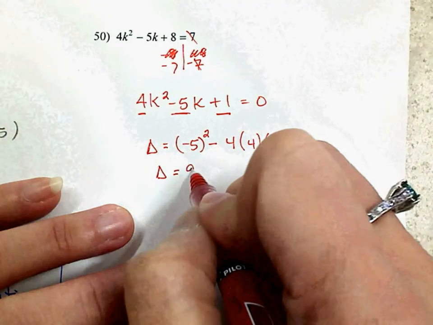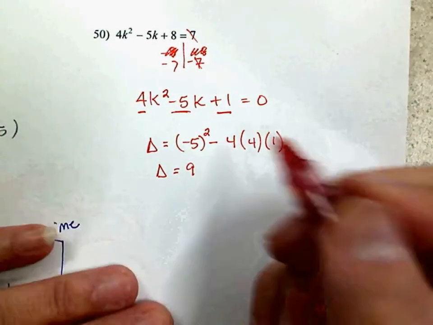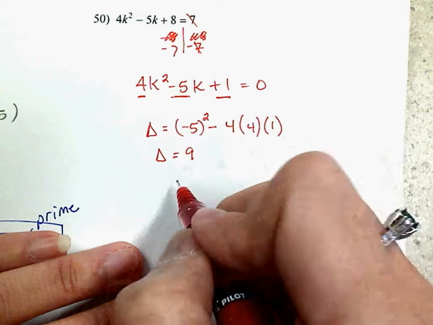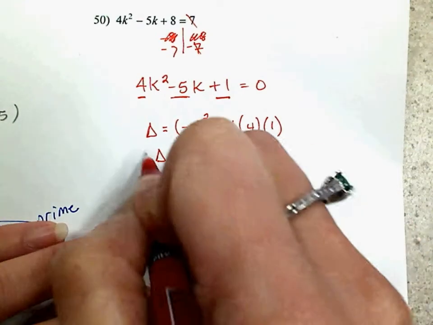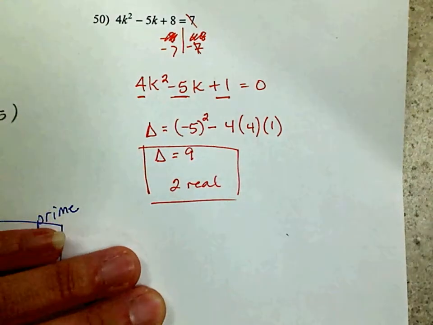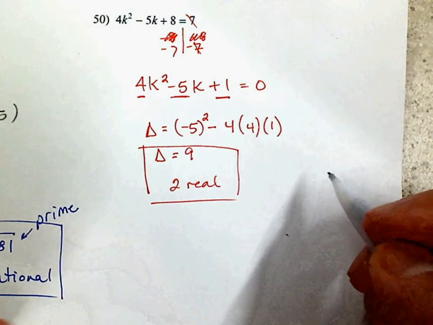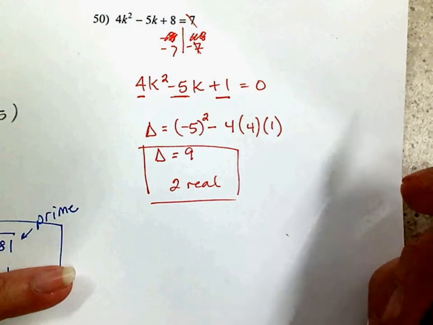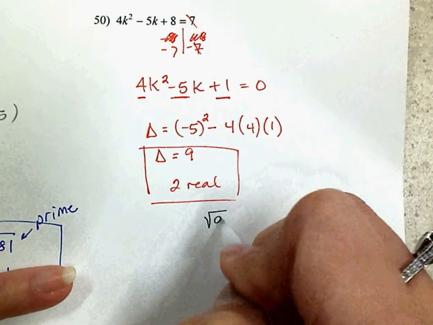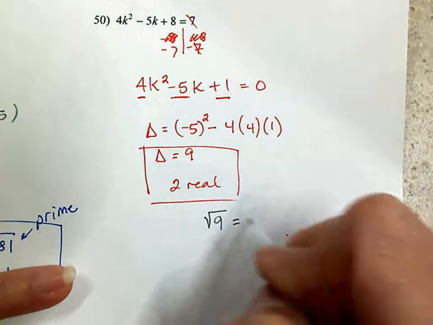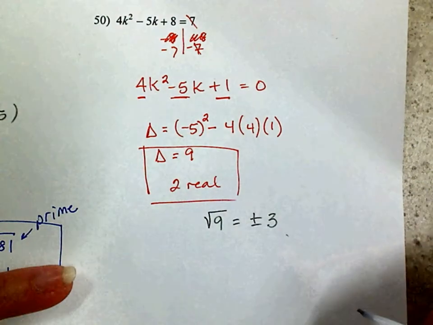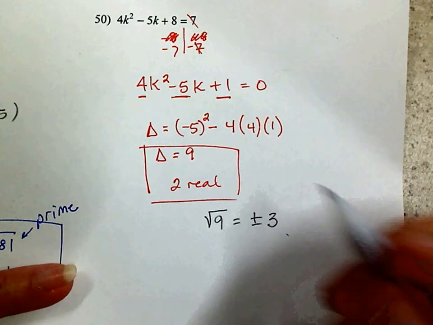Very good. All right, what kind of answer is that? 2 real numbers. Okay? Now what do I do after this? I want to know if it's rational. Square root. What is square root of 9? 3. Plus or minus 3. What kind of answer is that? Rational number.